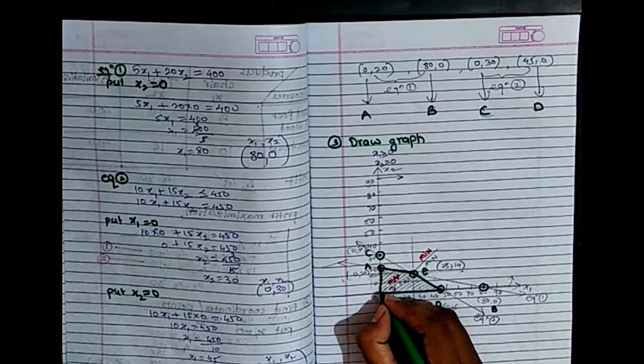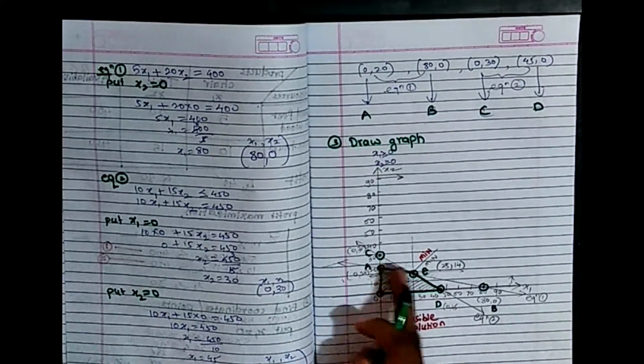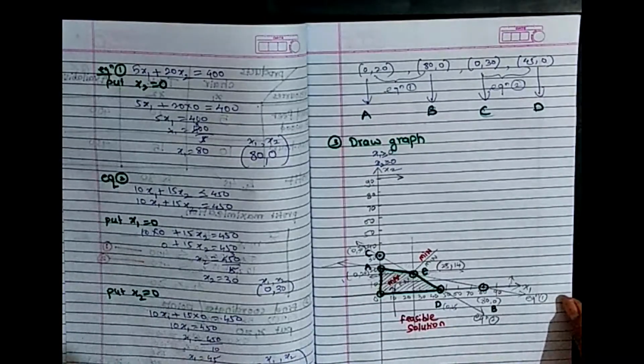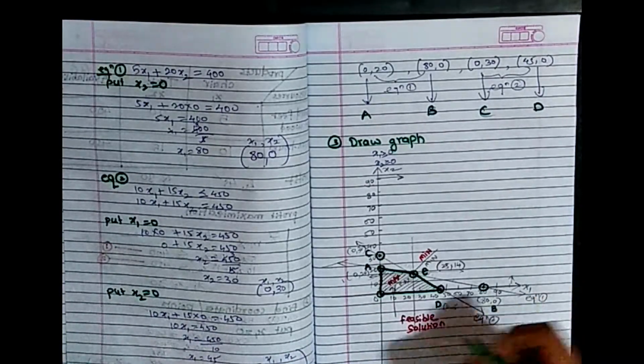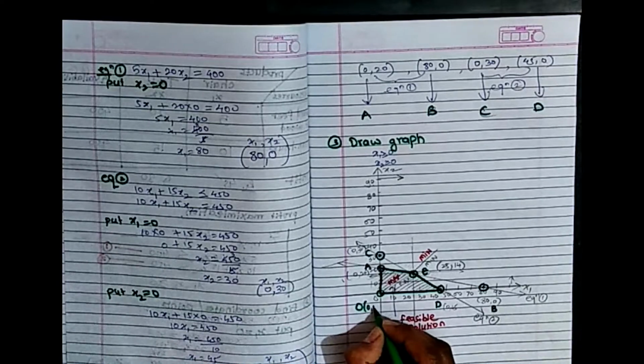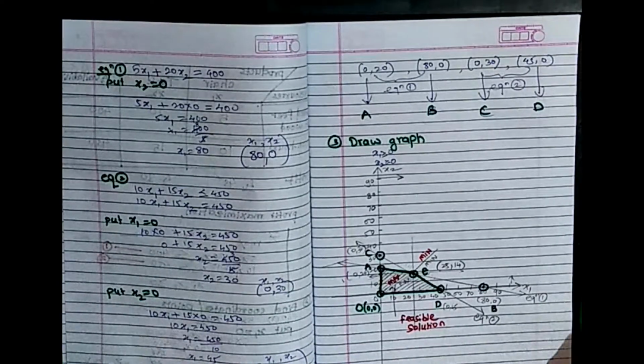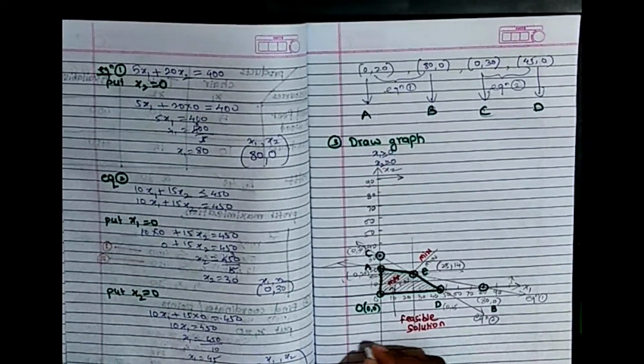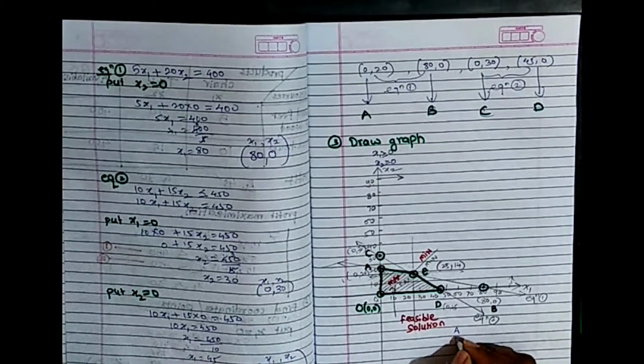So there are 1, 2, 3, 4 corner points of our feasible solution. We'll name this O, that is 0, 0. These points are A, D, E and O.